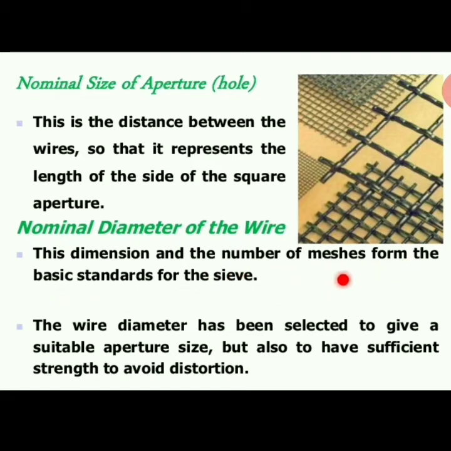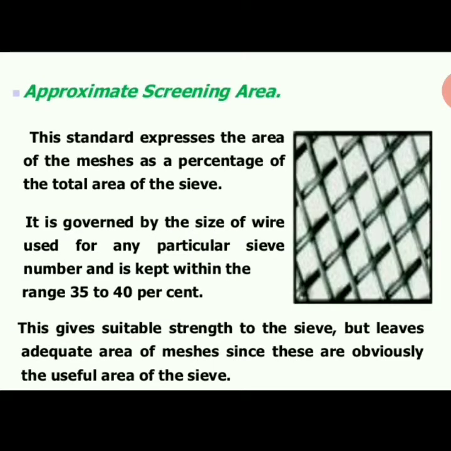The wire diameter has been selected to give a suitable aperture size, but also to have sufficient strength to avoid distortion. Then next is the approximate screening area.